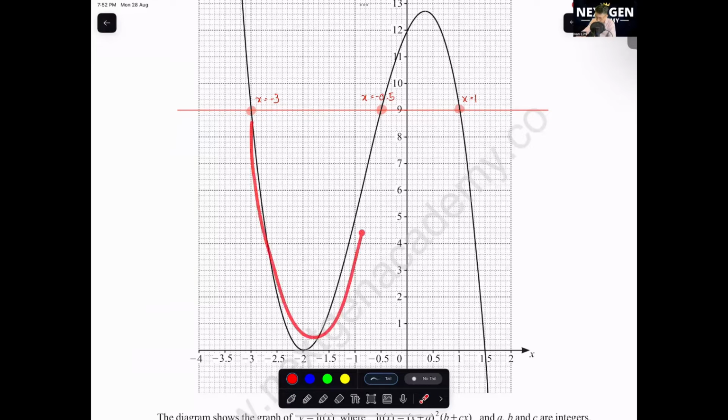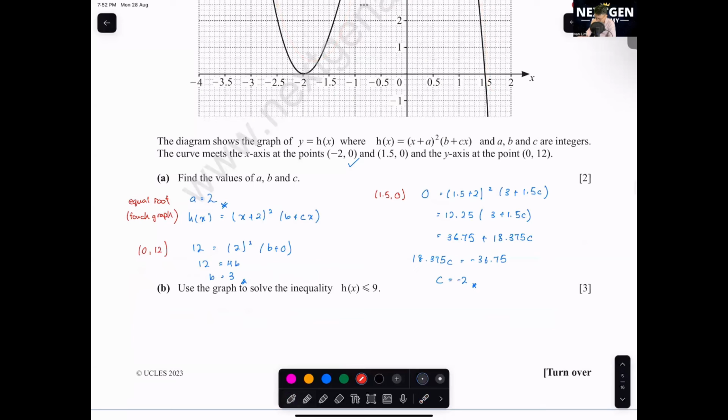So it's from here to here and here. This is the region we want to express. The x will be in between negative 3 and negative 0.5, and the second answer is x more than or equal to 1. So you just need to read from the graph itself, and see where exactly is at the bottom of the line.